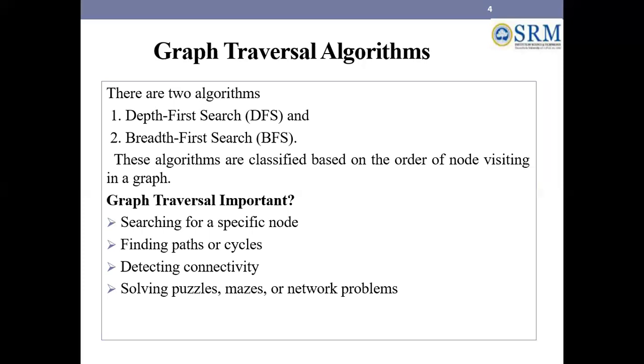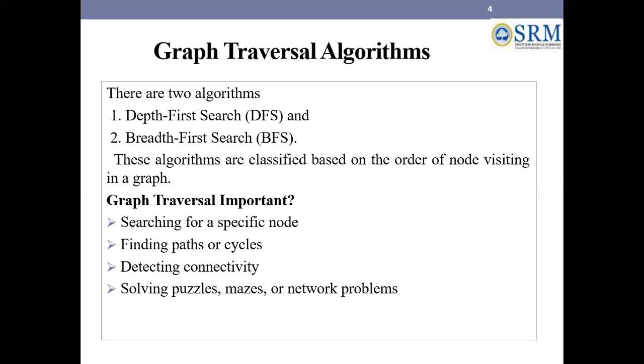It is used to find paths or cycles, that is, any closed loop in a graph, and detecting connectivity, whether the components or objects are connected or disconnected. That can be identified by using a graph traversal algorithm, and it is also used in solving puzzles and mazes.